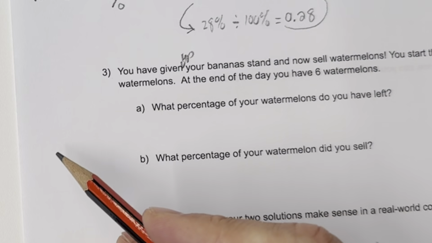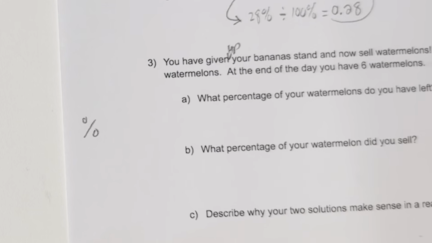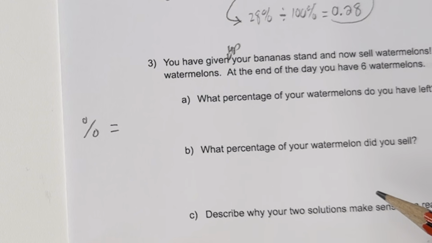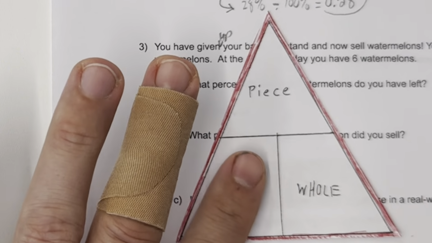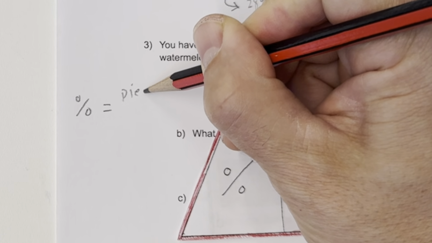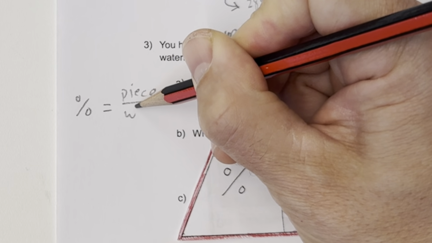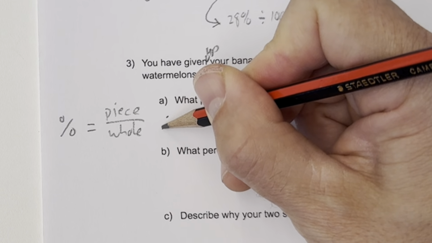So again, I'm going to go over here and show what I'm doing. I know percentage is the same as piece divided by whole. Okay, so now let's substitute in the pieces.